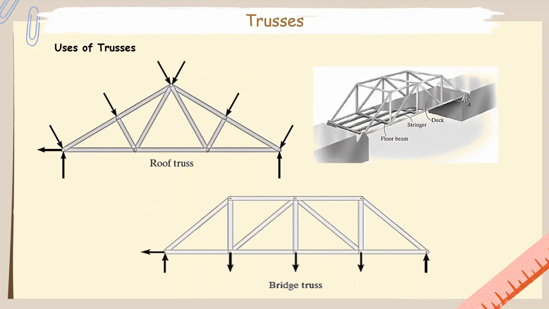Look at this one, diba? The truss is made of very slender materials. So, when we do analysis on them, we consider na wala silang weight or negligible ang weight. Meaning, it's too small to even consider.